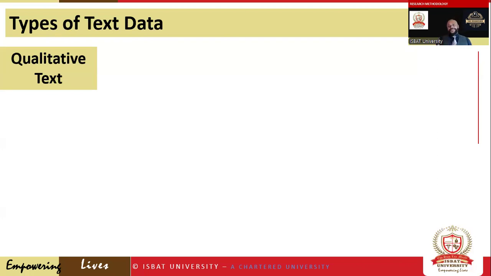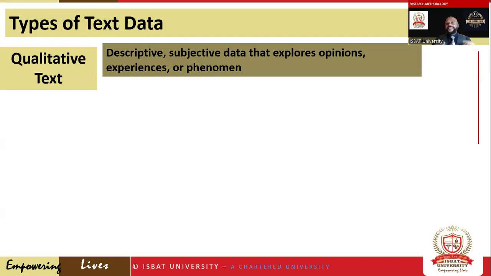In qualitative text, you can see a lot of emotions, sentiments, satisfaction, whether unsatisfied or satisfied, and when you are approaching a respondent and trying to get what you need from him, it is going to help you a lot. So we can say this is descriptive, subjective data that explores opinions, experiences, or a certain phenomenon. So all these things help you.